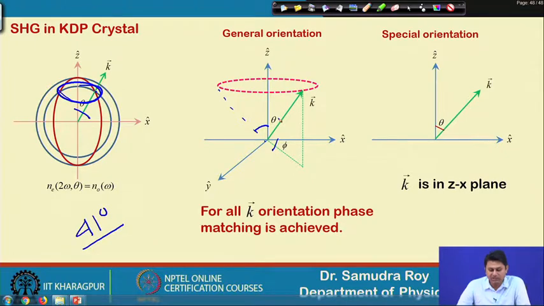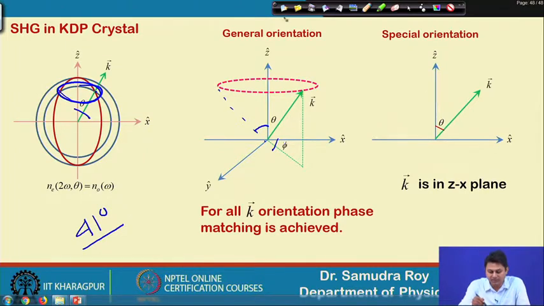So, now the question is, is there any preferred direction of theta as well as phi for which we have a higher value of the second harmonic, or what is the condition to generate the second harmonic? Is the angle sufficient? Is this phi important or not?